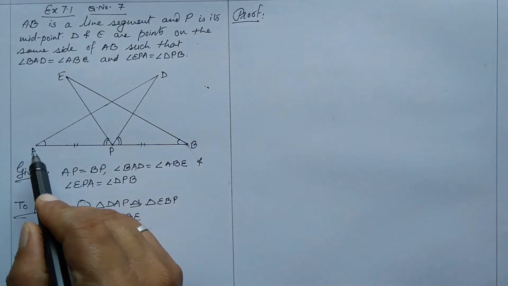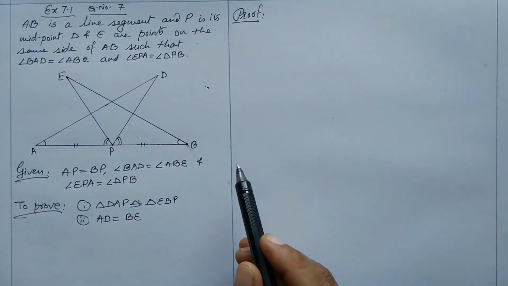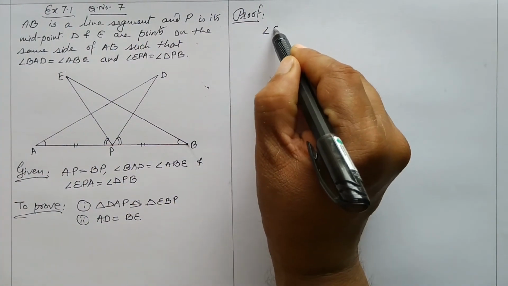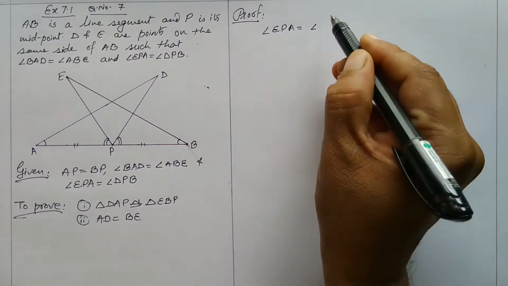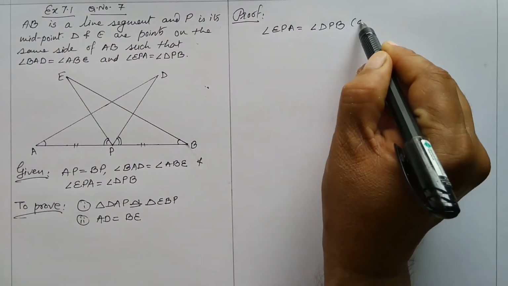Let us see. We will start with angle EPA. They have given angle EPA is equal to angle DPB. This is given to you.